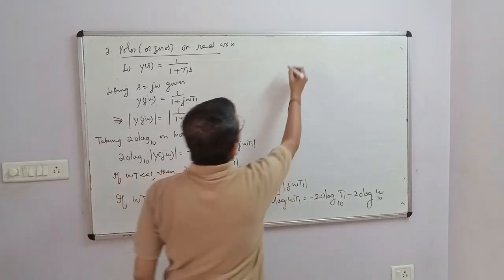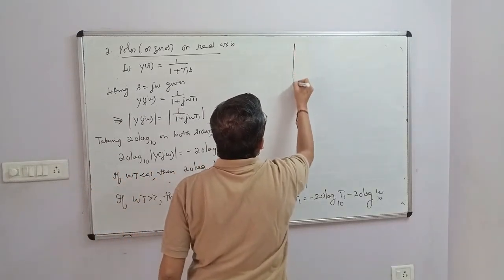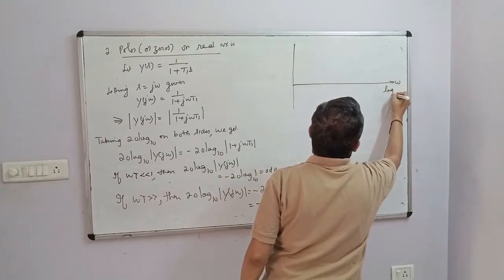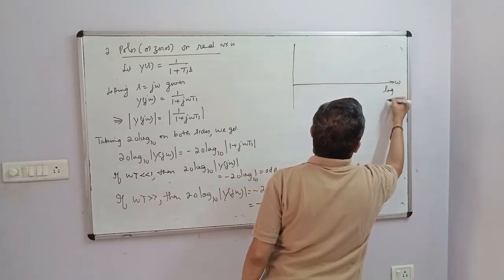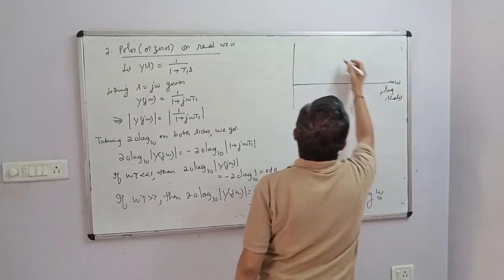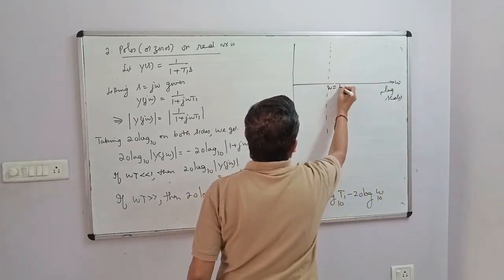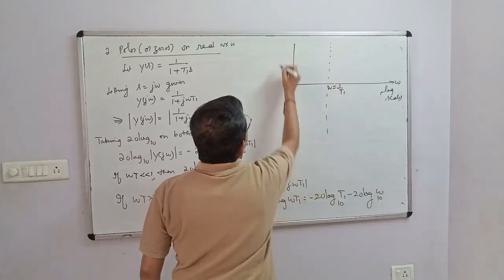I will plot now. X-axis is omega in log scale. This is the line that represents omega is equal to 1 by T1.